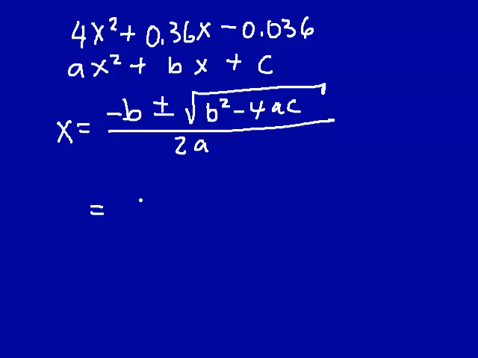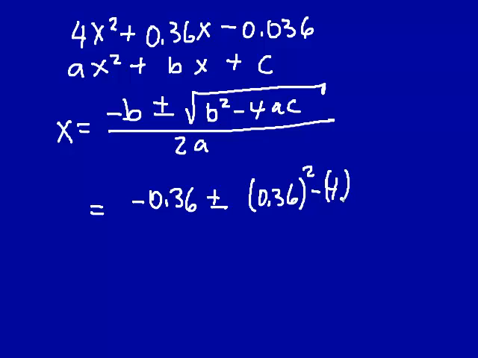Minus b, minus 0.36, plus or minus the square root of b squared, 0.36 squared, minus 4 times a, which is 4, times c, don't forget the minus sign, minus 0.036.